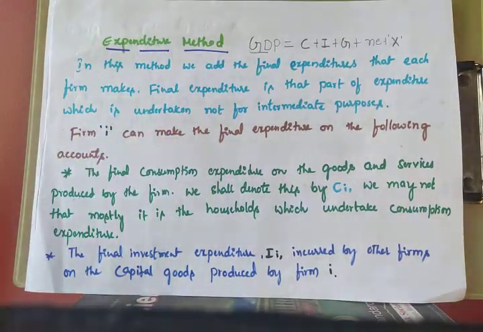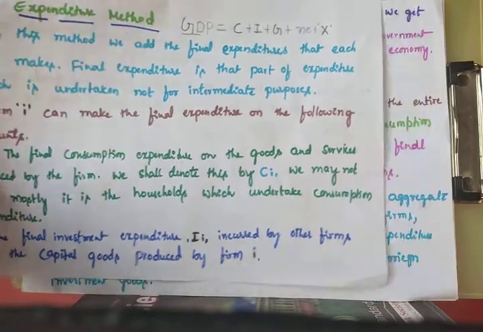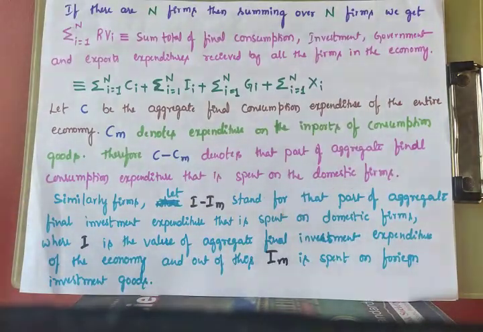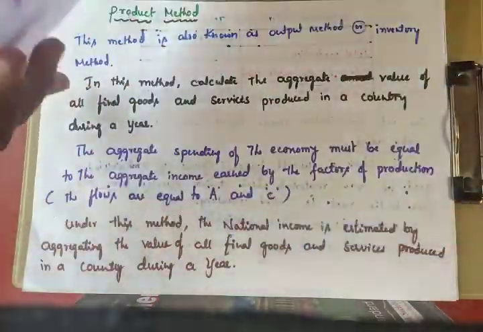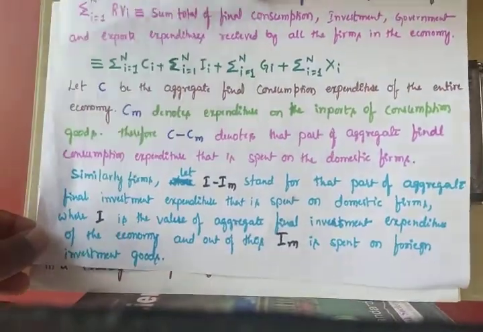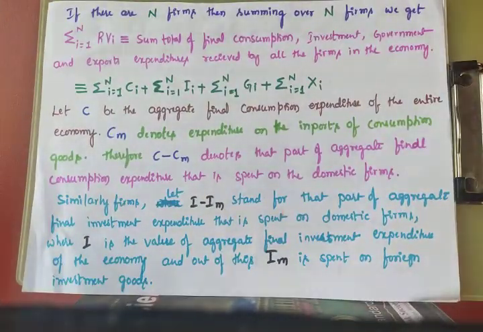that each firm makes. Okay. And also, just imagine, suppose there are n firms, meaning a number of firms. Then summing over the n firms, we get all the goods and services they are producing, investing and consuming. How can we get the national income?